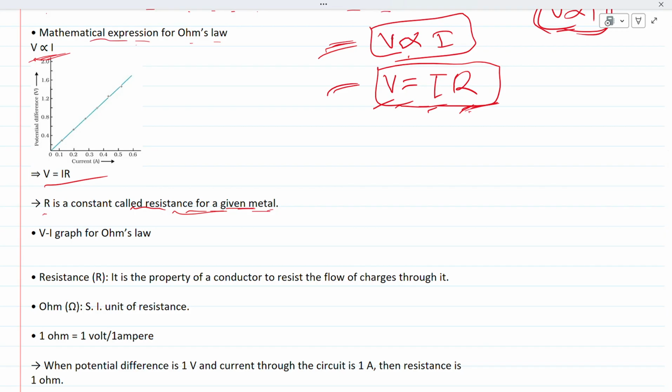In any wire there is always a resistance. Resistance is a property of a conductor to resist the flow of current.